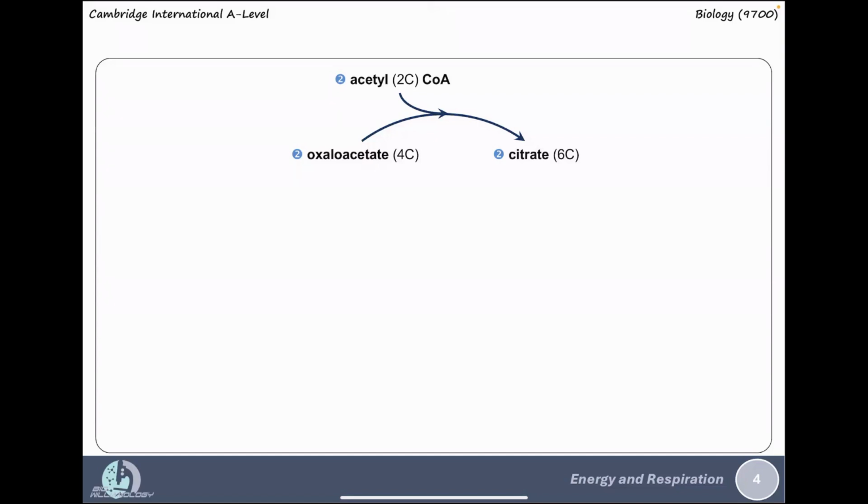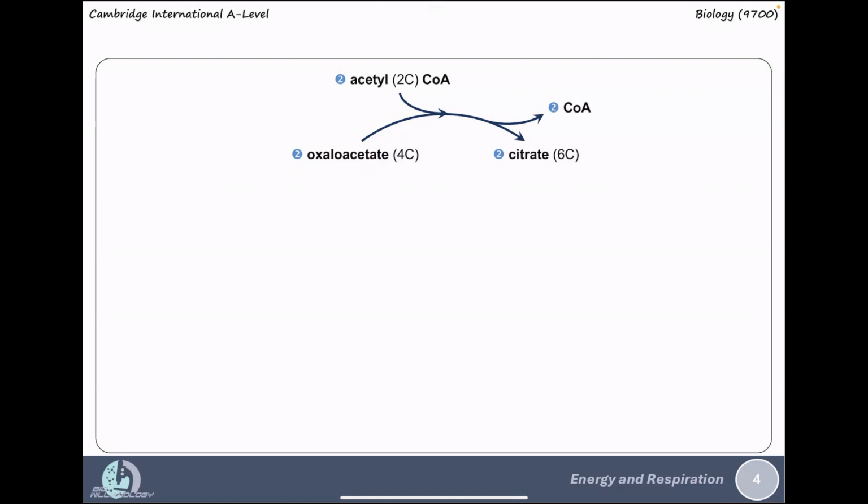In this reaction, coenzyme A acts as a carrier to bring the acetyl group from the link reaction into the Krebs cycle, and coenzyme A is released at the end of the first step.